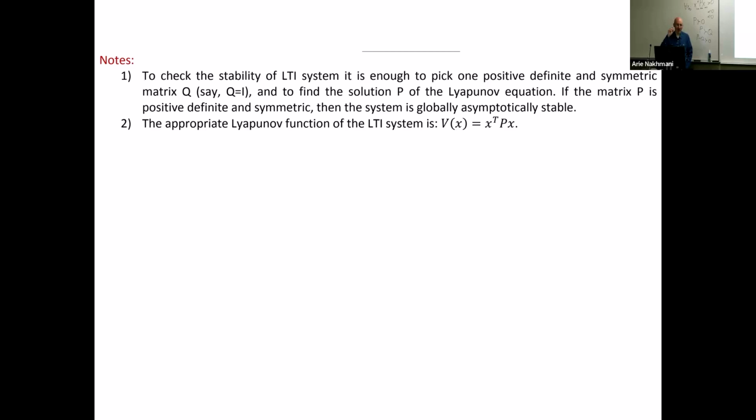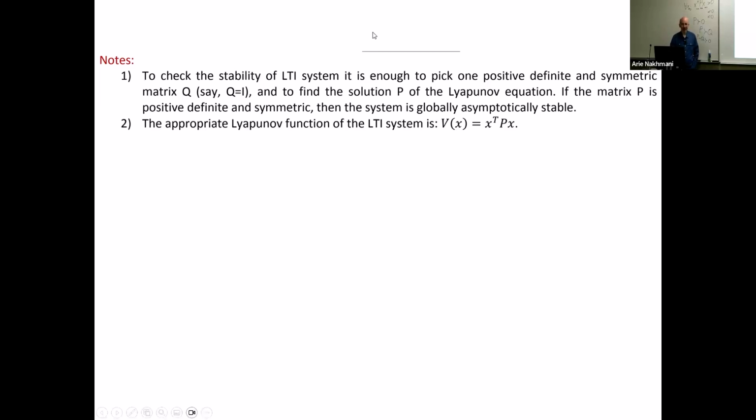You can pick one, and if it works, then it's asymptotically stable. If it is asymptotically stable, then it will work for all of them. This is the if and only if direction. So it's enough to check one if you want to check stability. And you can pick Q equals I because this is simple and you have a lot of zeros, right? We love a lot of zeros in our equations.